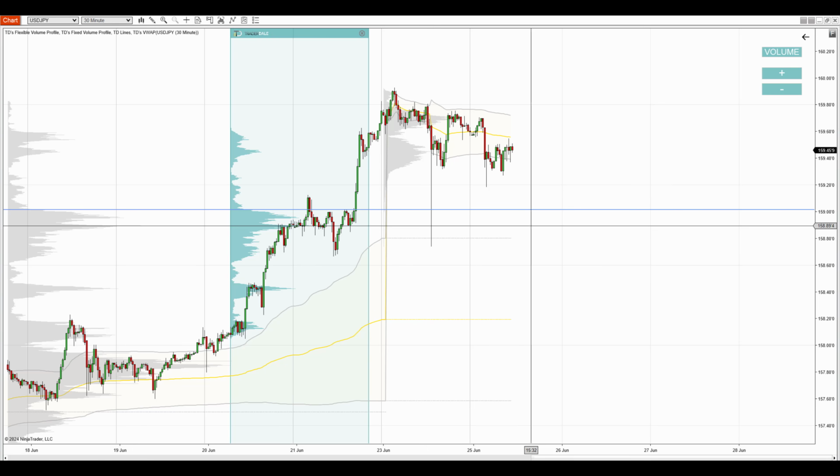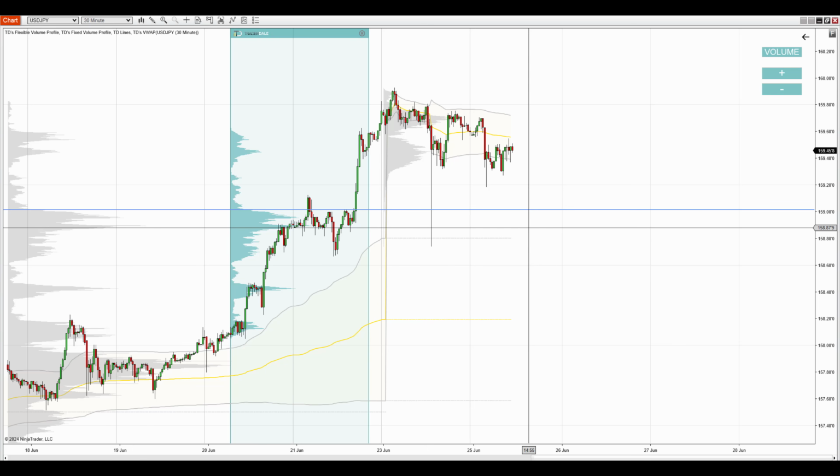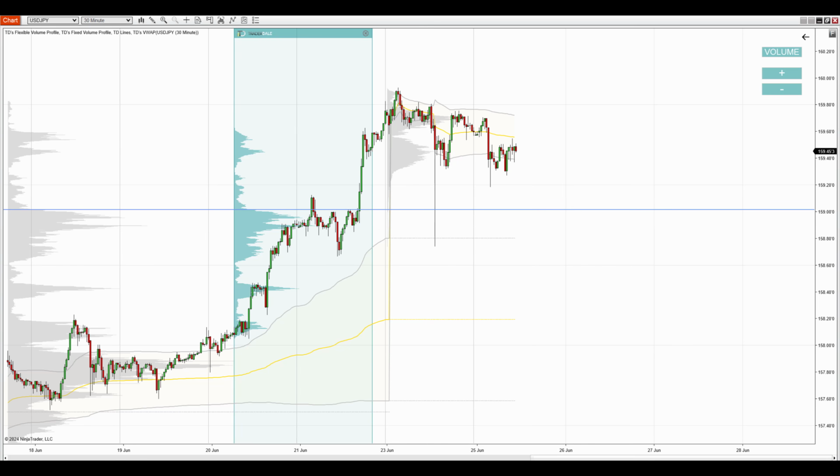Now, the way I was trading it, I was trading this a little bit more aggressively because I placed my stop loss here below this place. So I took a loss there, but there was also another way to place the stop loss. The way I teach it in my trading course is you want to place the stop loss behind the heavy volume zone, right?